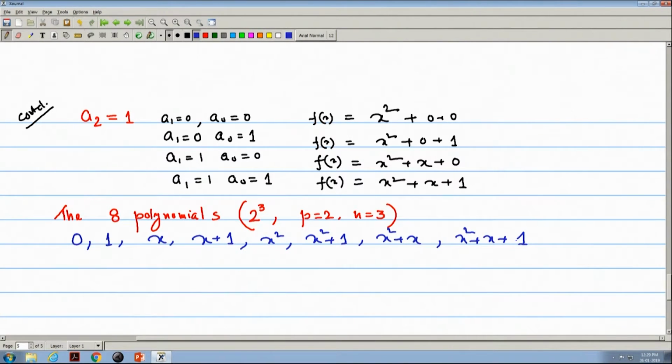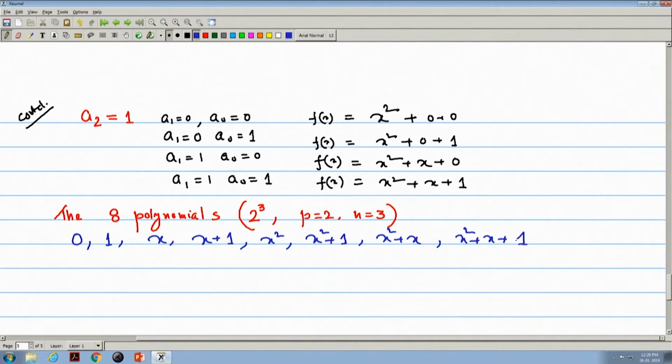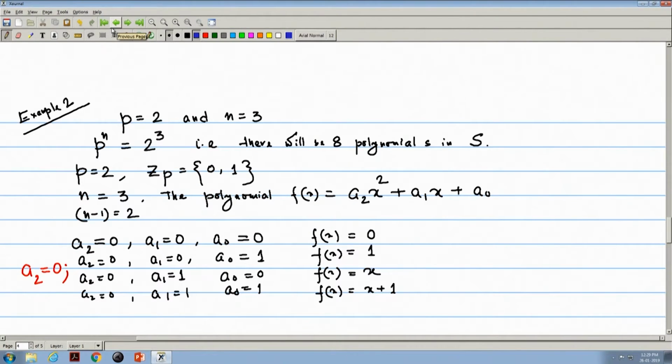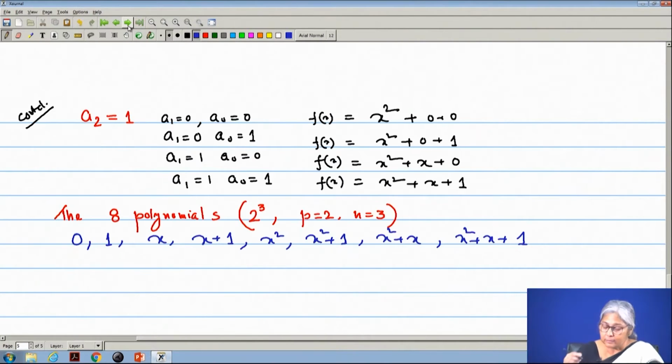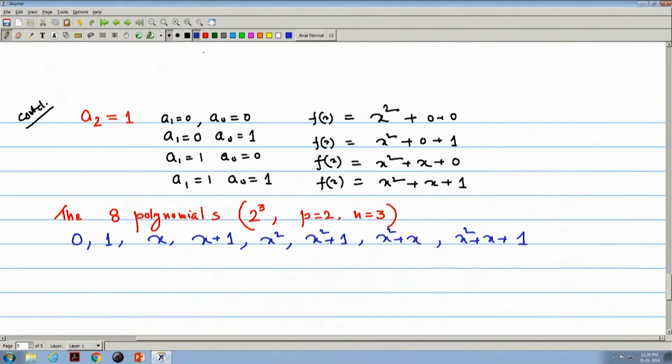Now, we can also represent these polynomials by binary codes. How? See, here I have 3 terms, since the polynomial is of the form a2 x square, a1 x and a0. Whatever the values of a2, a1, a0, that gives me all these polynomials.